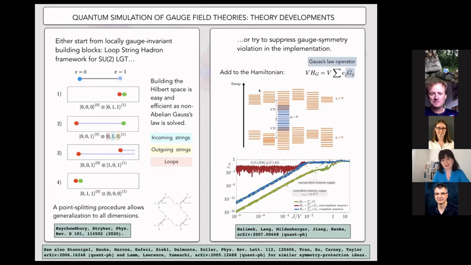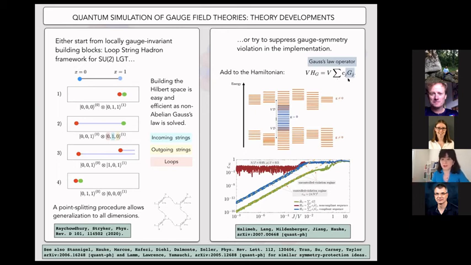And I want to mention an example that is kind of recent by, again, Philipp Hauke from Trento and collaborators. They proposed this procedure where you add to the Hamiltonian a term that is proportional to the Gauss's law operator itself. For these gauge theories, it's actually going to be single-body operators.